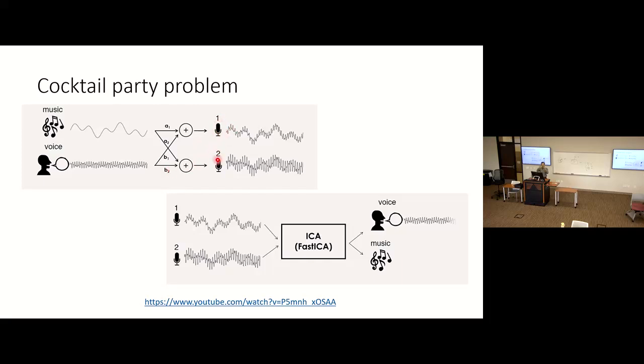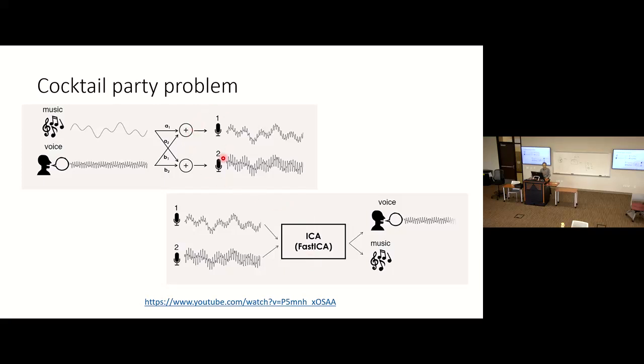So these 2 microphones sample the same set of mixed sound, but in different proportions of different sources. If you have this data collected by these 2 independent microphones, then you can use ICA to separate the background sound generated from the music and also the conversation, to basically decompose or separate the independent sources from the mixed information.